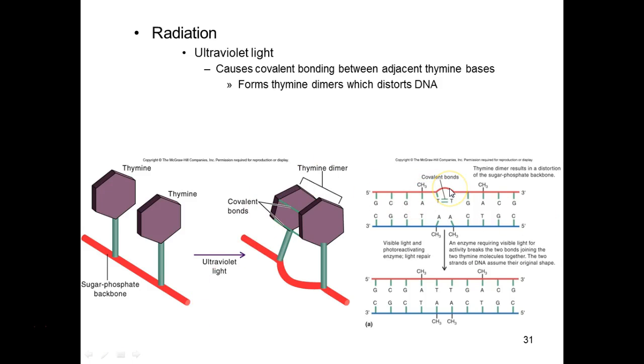Do you see this buckle here in the backbone, in the sugar phosphate? Remember how we talked about how important the structure of that spiral staircase is? We get a bump in the banister here. Does that create a problem? Yeah, because your enzymes that need to slide down that banister and read that code can't do it.